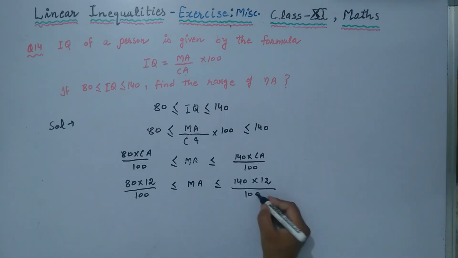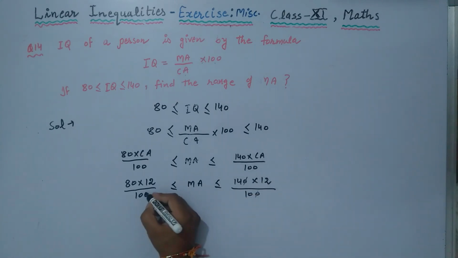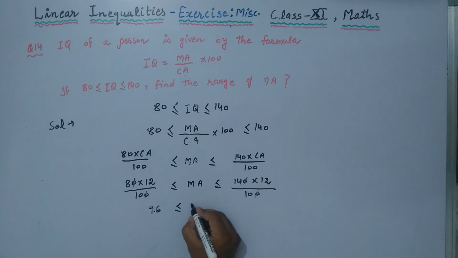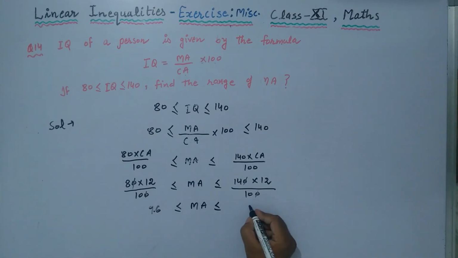So this way the zeros are cancelled. We are left with 9.6 mental age 16.8. That's all. Thank you very much.